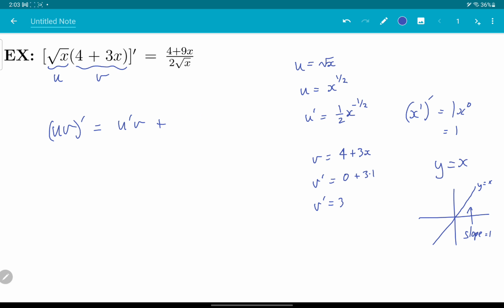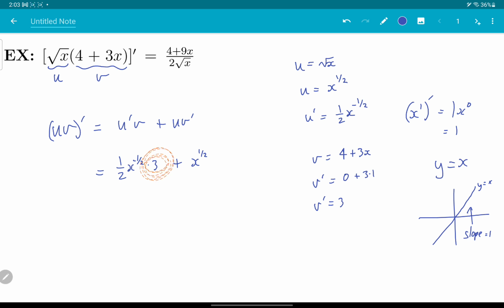Okay, back to my formula. Okay, so I can just take all this information and plug it back into my formula. So u prime is 1/2 x to the minus a half times v, which is 3, plus u, which is x to the half, times v prime, which is, oops, I made a mistake.